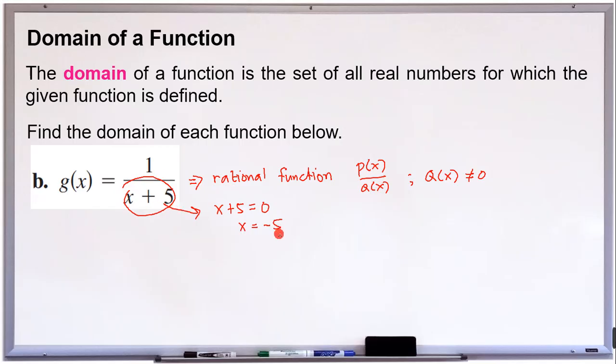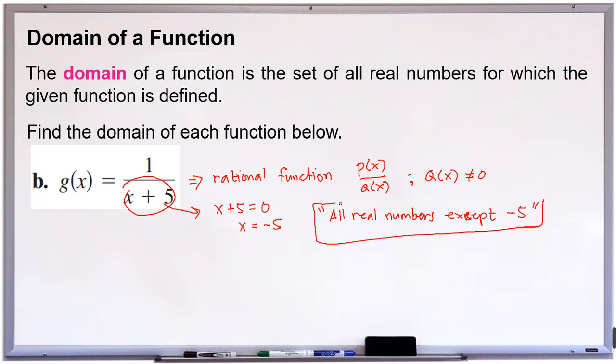So the domain here, once we've analyzed this, is all real numbers except -5, because -5 will make the denominator 0.